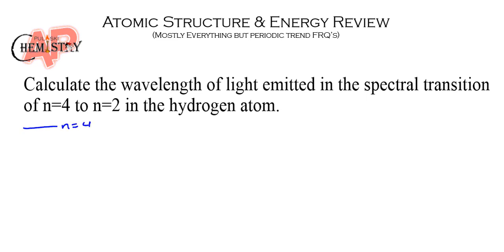So if I have the fourth level to the second level, my electron is dropping. I want to know the wavelength of that energy that's emitted as a result of that fall.